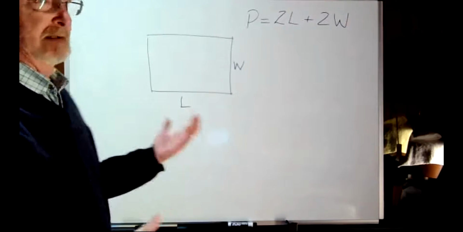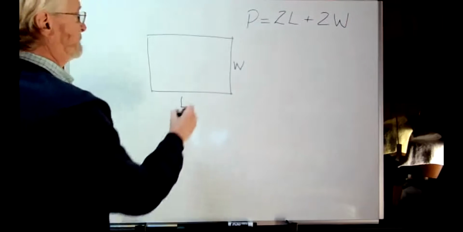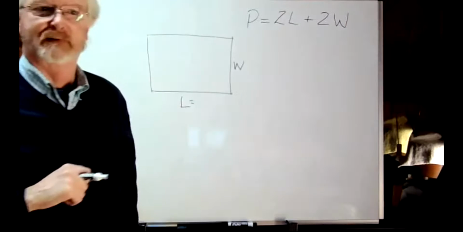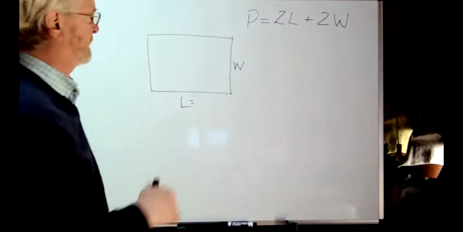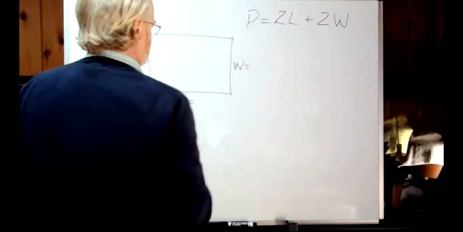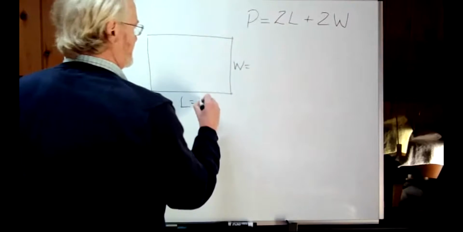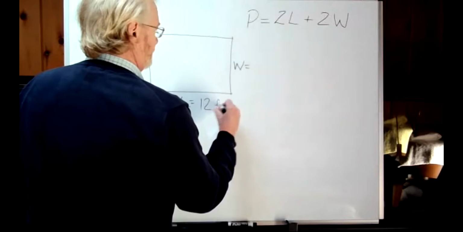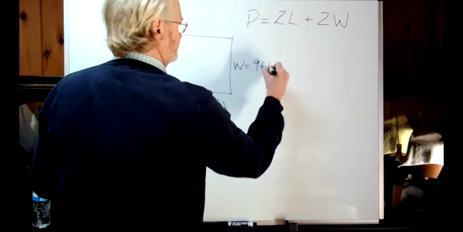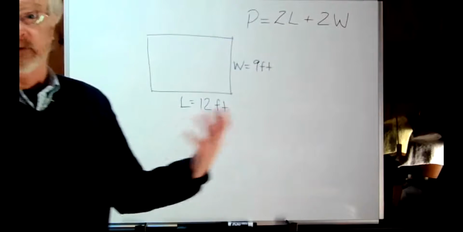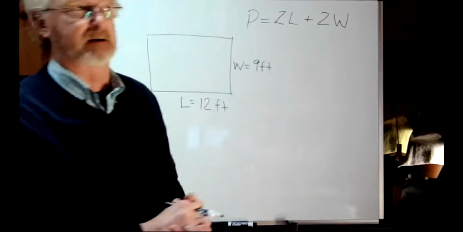And so in this section, we're going to be given values. Sometimes you've got to do a little work to figure them out. We'll just look at that in a second. But let's say, let's call this 12 feet, and I'll call this one 9 feet. So what is the perimeter of this rectangle?